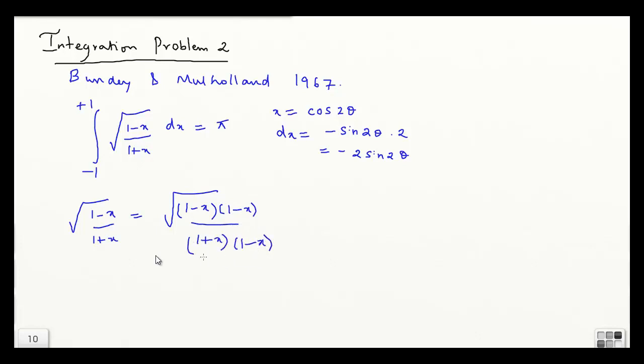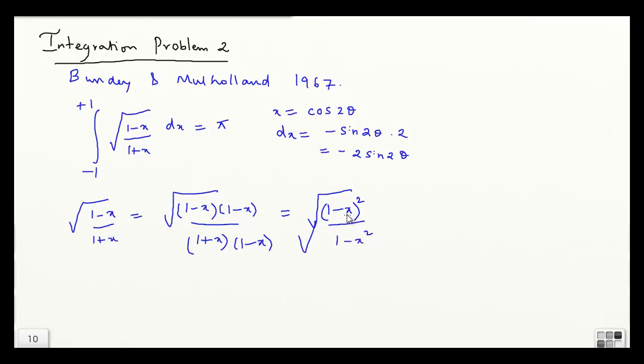I'm taking the conjugate of 1 plus x, which is 1 minus x, and multiplying and dividing by it, which is not going to affect the value, and will make our lives much easier. So it's going to be (1 minus x) whole square divided by (1 minus x square).